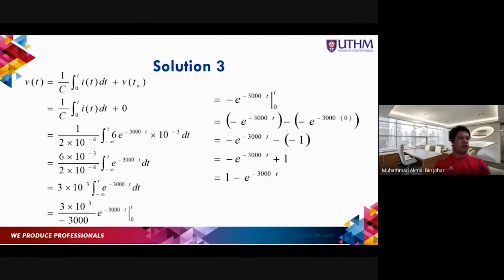So you do the kamera, you can try at home and nanti boleh refer balik. So kita tahu V(t0) is not given, so dia adalah kosong. So you hanya kamikan I(t) dt, dan sini dalam kes ni I(t) dt adalah 3000t.